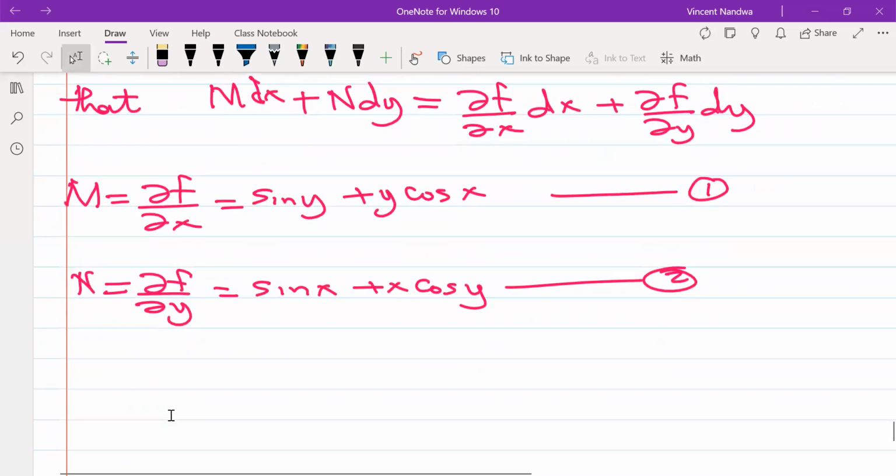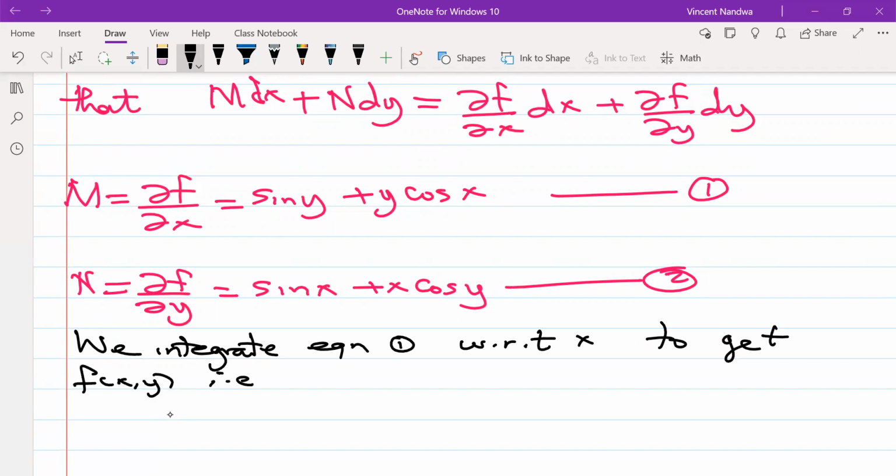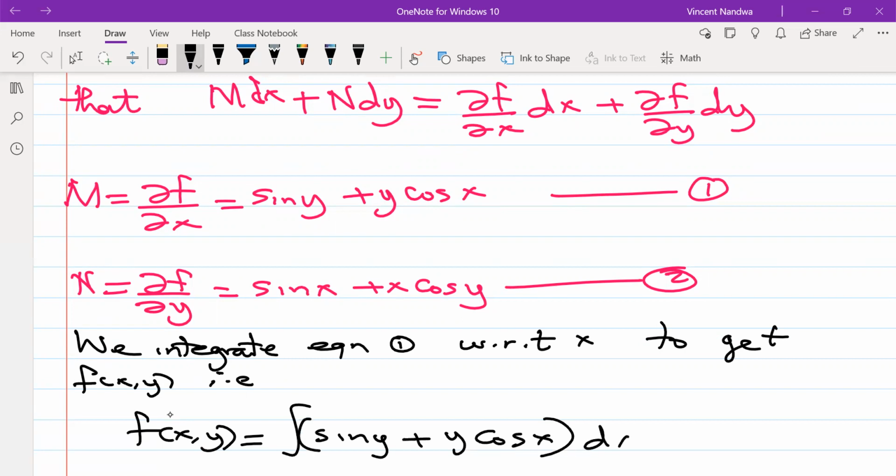Now we can get f from either equation 1 or equation 2. So if we go to equation 1, to get f, we are going to integrate with respect to x. So we integrate equation 1 with respect to x to get f of x, y. This will give us f of x, y equal to the integral of sine of y plus y cosine of x dx.